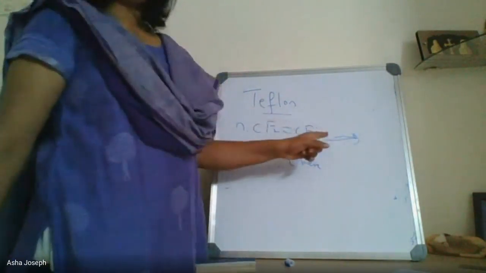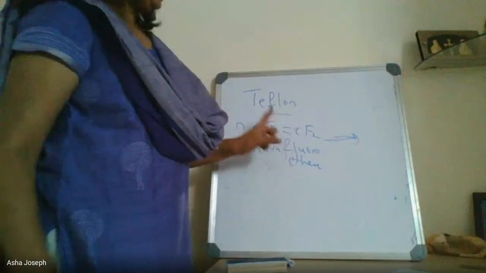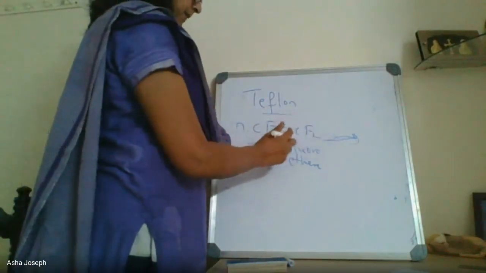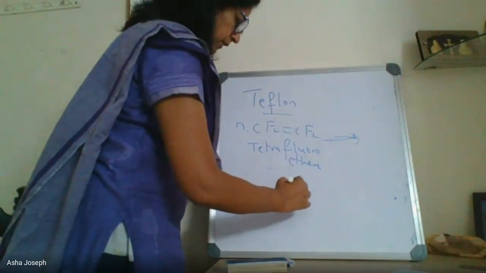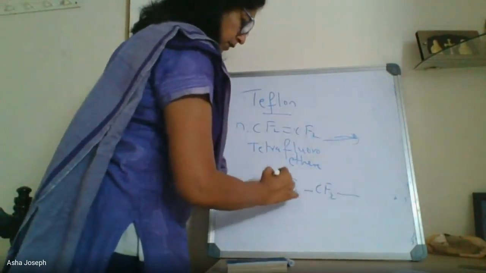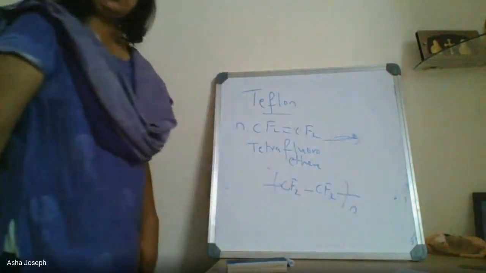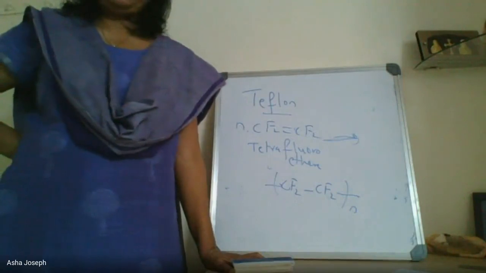I will say here the catalyst is persulfate catalyst, not the peroxide. Now how to write the polymer, I told you: we will remove the double bond and put n times. So this is Teflon. Can you see?